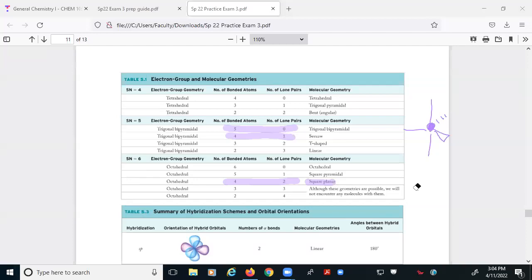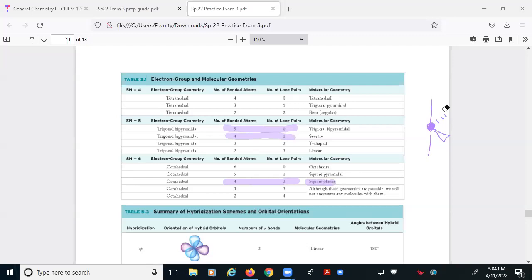And then seesaw, kind of the same thing. One of those positions is taken up by a lone pair. So if I take that one off, I still can see that I've got one 2-dimensional plane here and one 2-dimensional plane going back and forth. That's a 3-dimensional molecule as well.